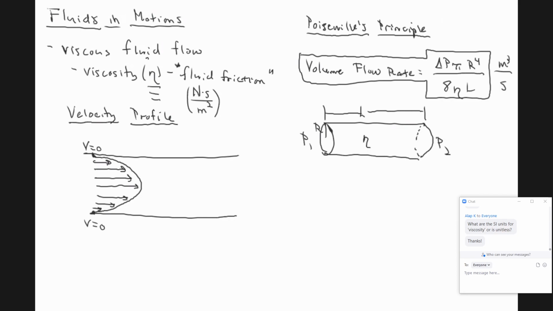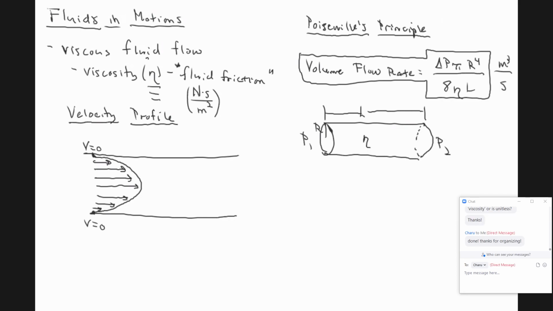Most of the time, they like doing the idealized equation, but for real world fluidic flow, we've got to use Poiseuille's principle correctly, okay? So with fluid flow, you can have this viscous velocity profile if it's nice, straight, and streamlined, right? But there's such a thing as random chaotic flow too, which we call turbulence.